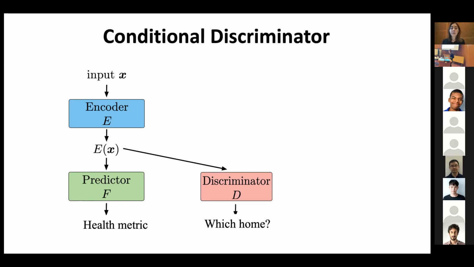Here's one way to deal with this: move from a traditional discriminator to a conditional discriminator. When you train, you give the discriminator the health information that you are interested in.